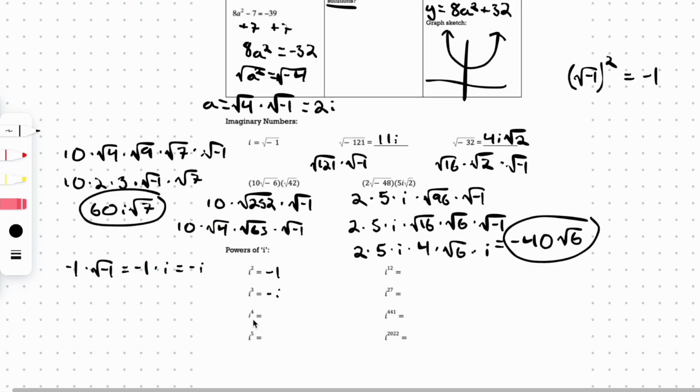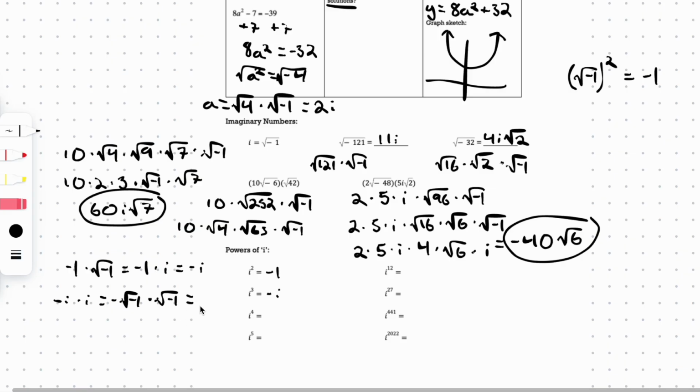I to the 4th is I to the 3rd times I. So that's going to be -I times I. That's negative root -1 times root -1.